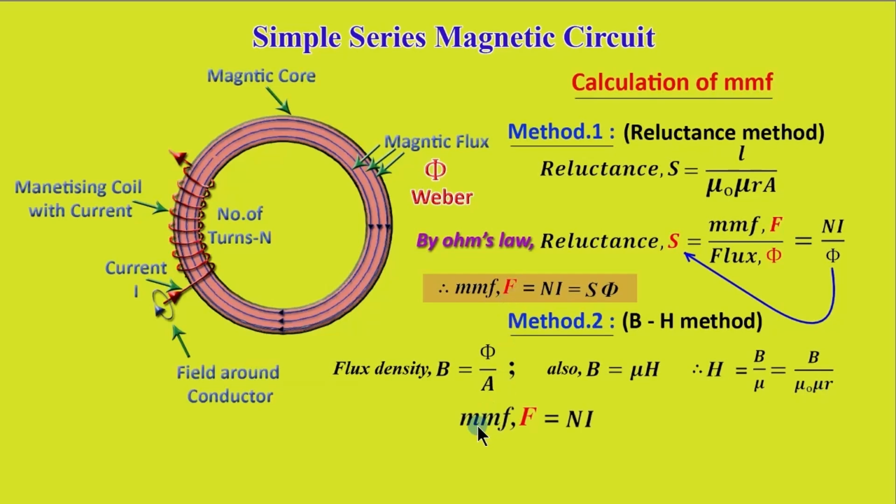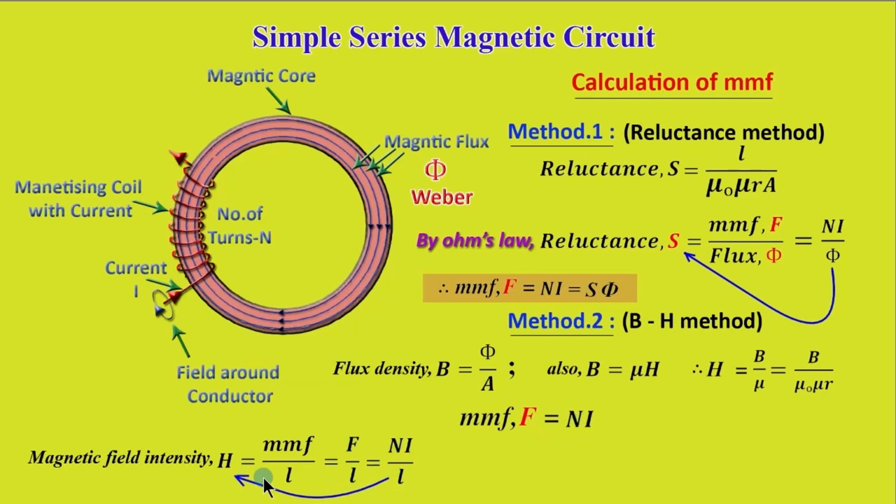As said earlier, MMF F is equal to N into I, and the magnetic field intensity H is equal to MMF divided by length, that is F divided by L. When L is brought to this side, H into L is equal to N into I. That is, magnetomotive force F is equal to N into I, which is equal to H into L.